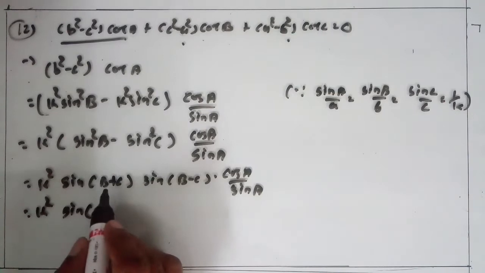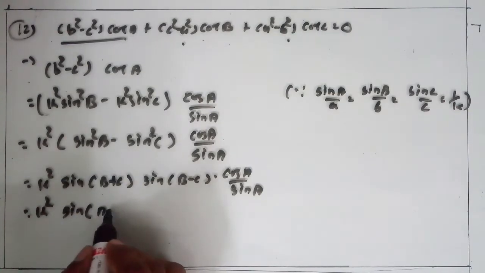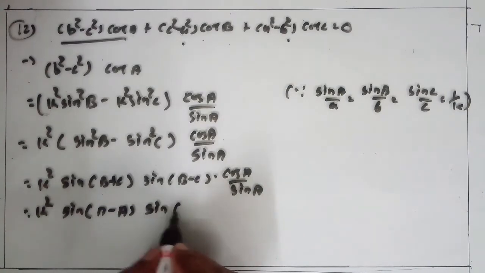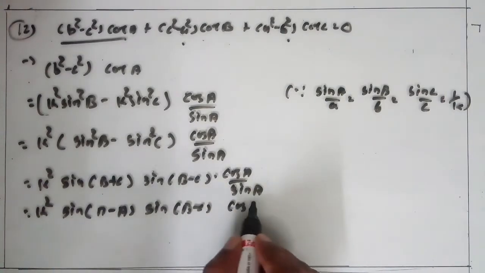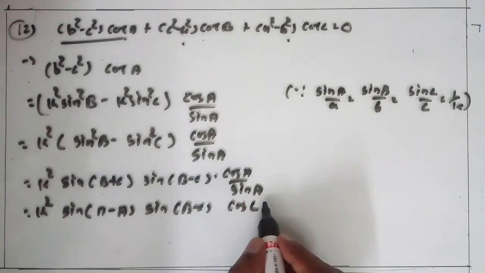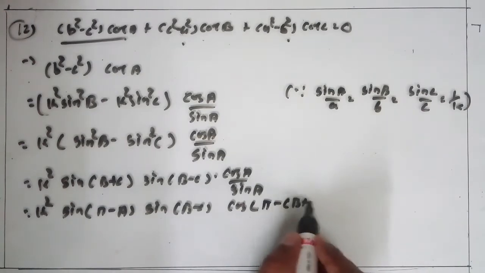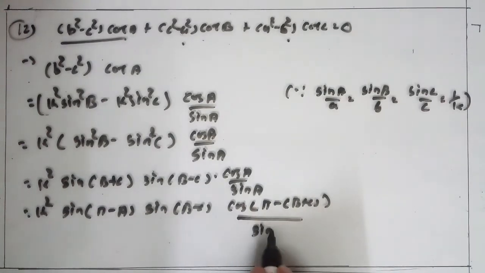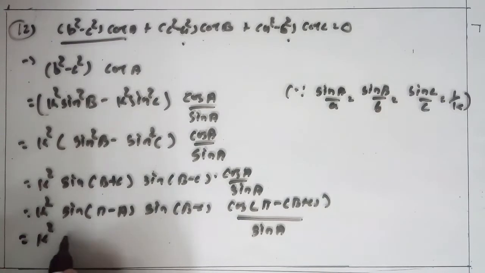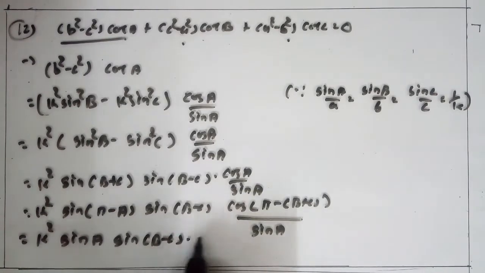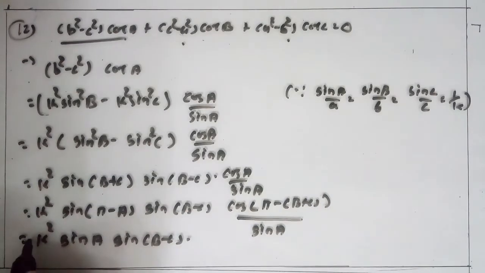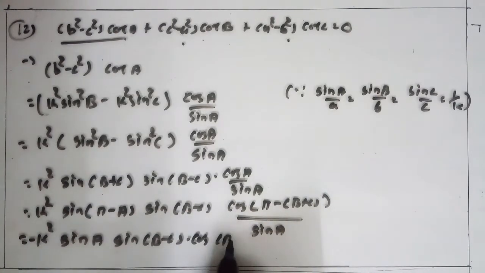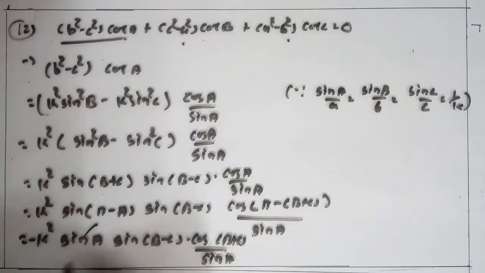So A + B + C = π, so B + C = π − A. So sin(B − C) into cos, here A changes into B and C form, so cos(π − (B + C)), upon sin A. Sin A remains the same. So k² sin(π − A) is equal to sin A into sin(B − C) into cos(π − (B + C)) is equal to −cos(B + C) upon sin A. Clear this? Sin A from both cancels.